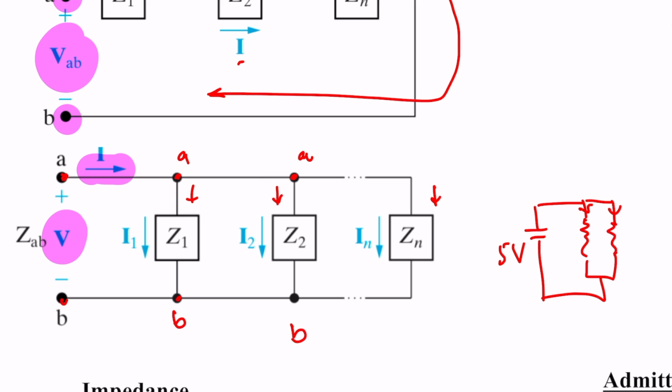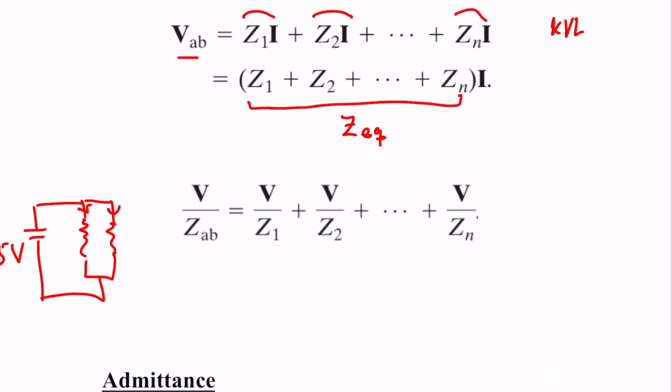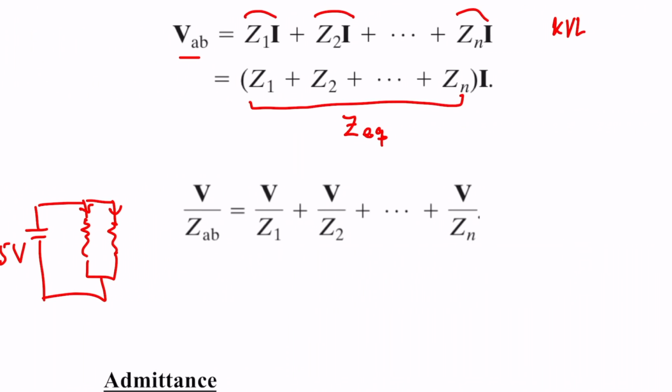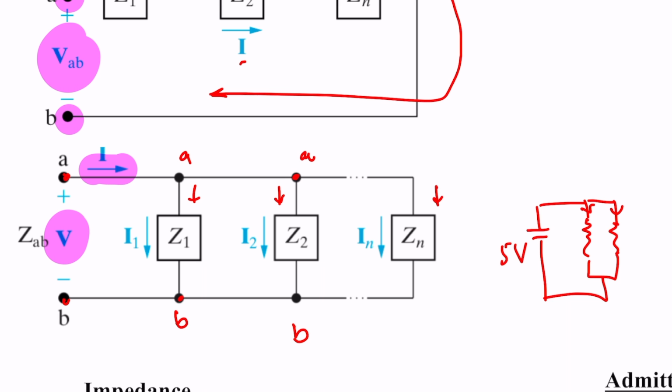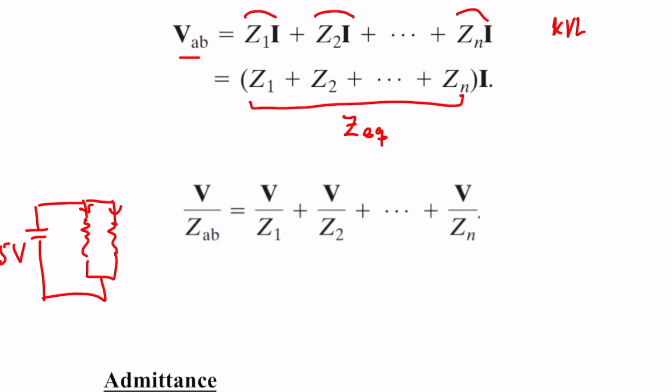So the voltage between all of them is the same. So we can write this equivalence like this. The voltage between A and B is basically this voltage V, and the current I1 will be V divided by C1, right? And then by Kirchhoff's current law, the summation of all the currents has to be equal to the initial current.